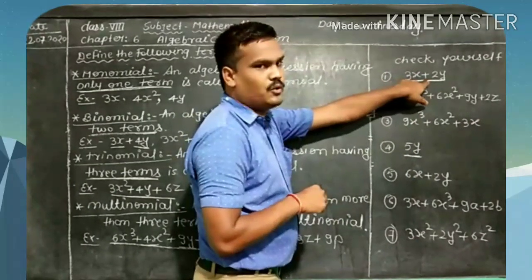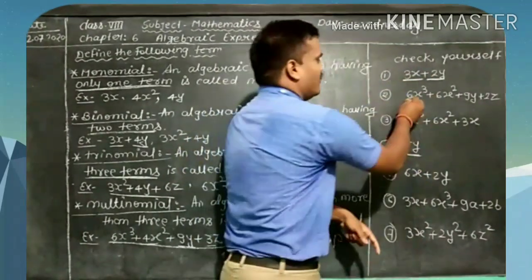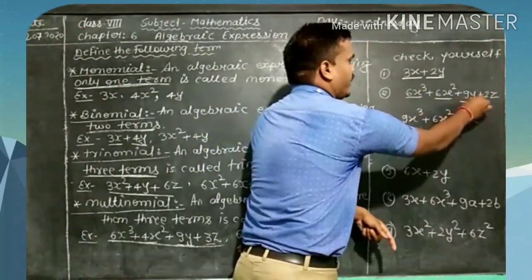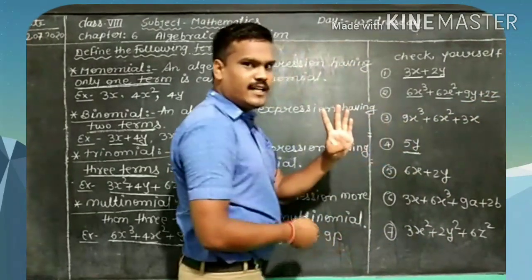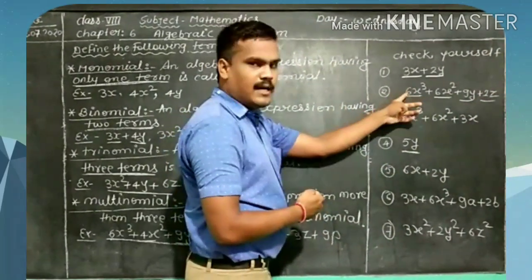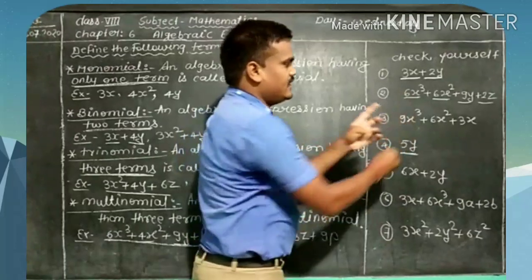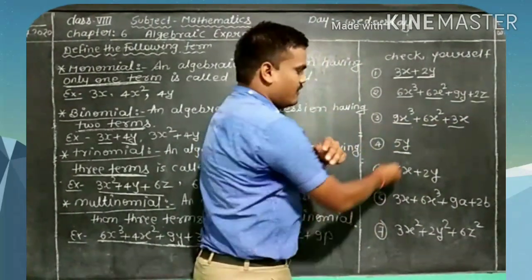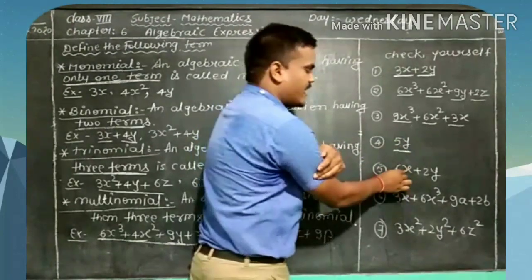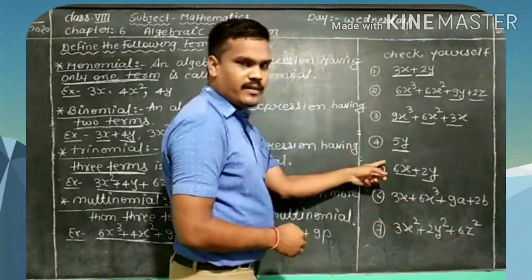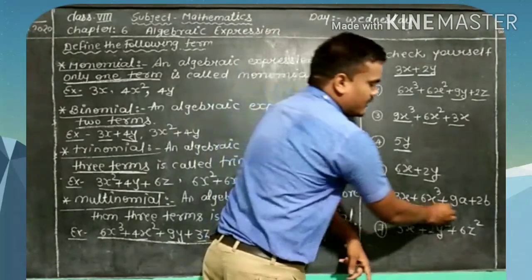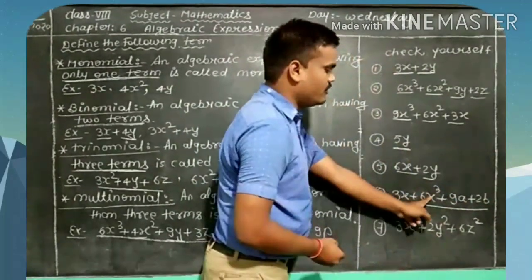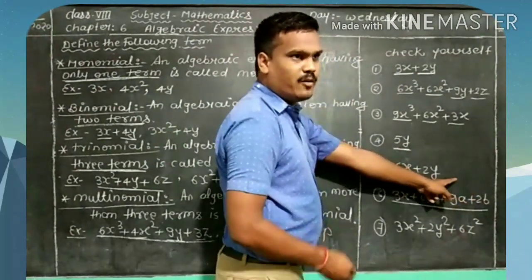So, two terms, binomial. 1, 2, 3, 4, total more than three terms means multinomial. This is 1, 2, 3, trinomial. One term, monomial. Again two terms, binomial, and here more than three terms, 1, 2, 3, 4, multinomial.